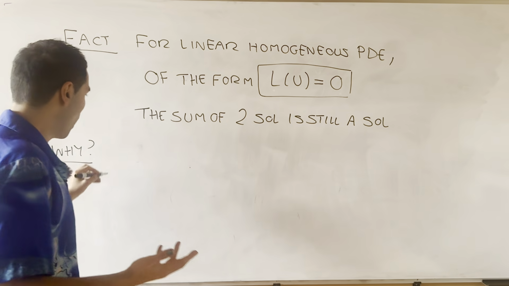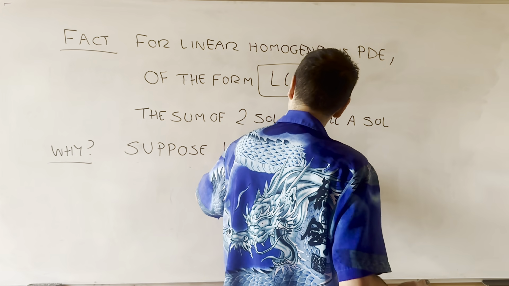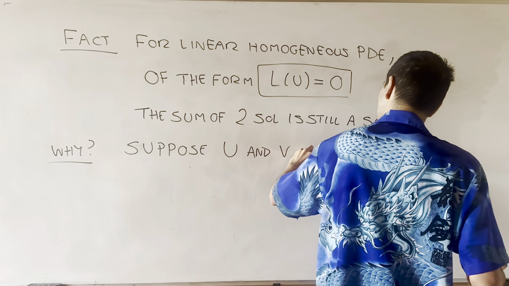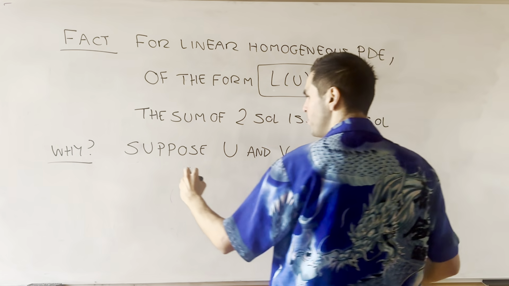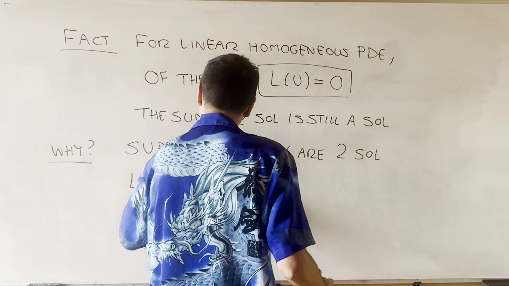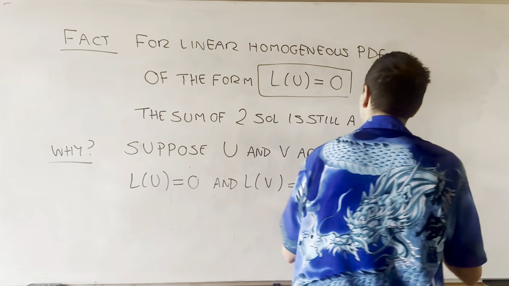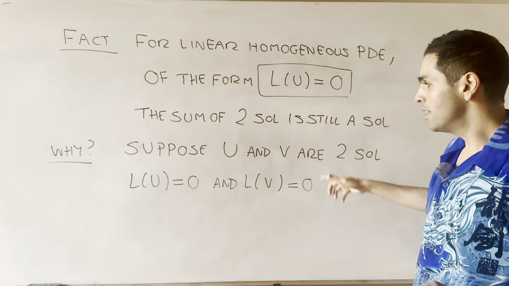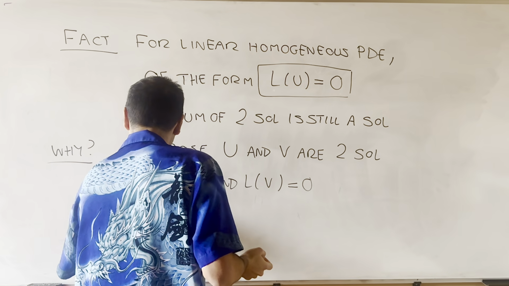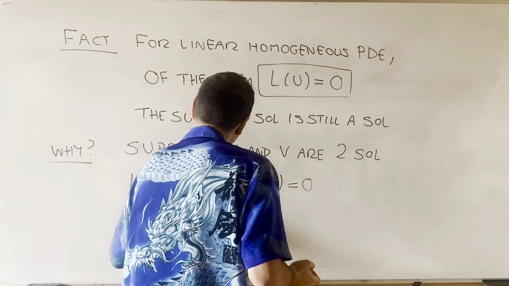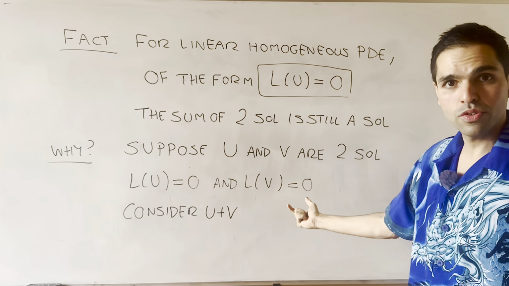So why? Well, suppose u and v are two solutions. So what does that mean? It means L u equals 0 and L v equals 0. Then consider u plus v, and let's check if this is a solution.